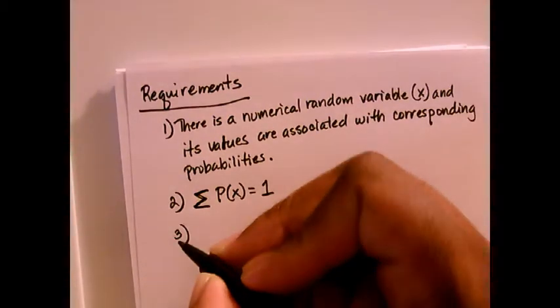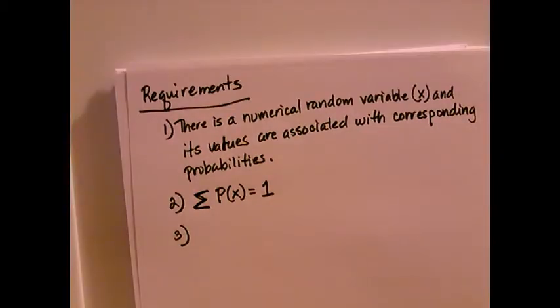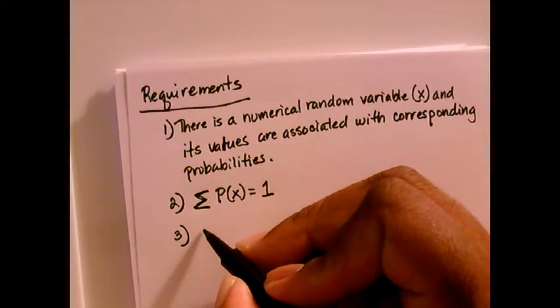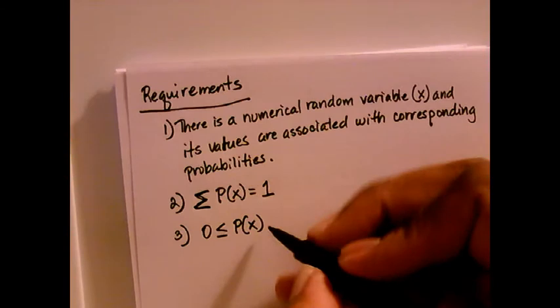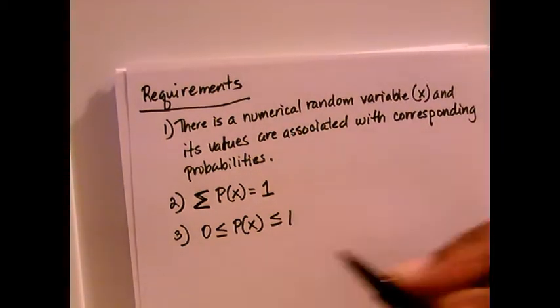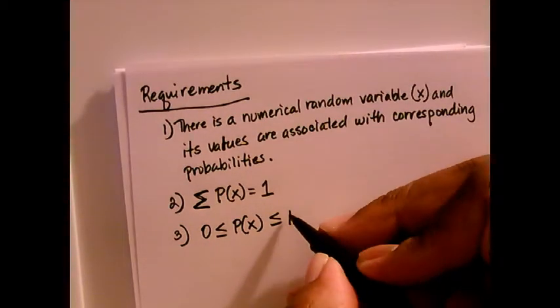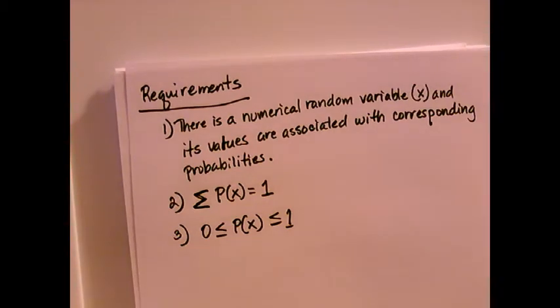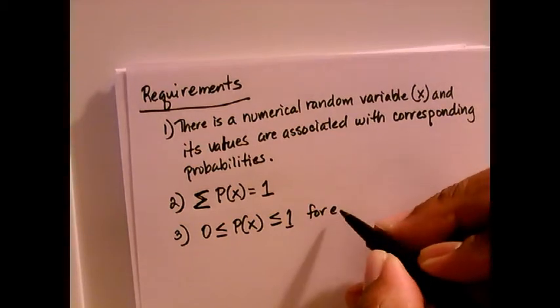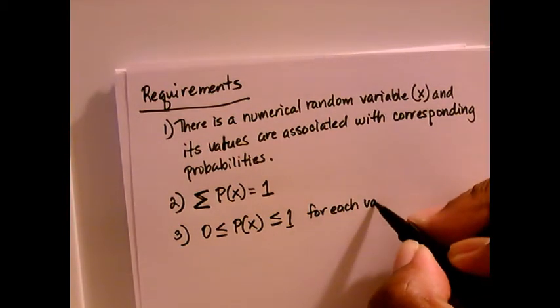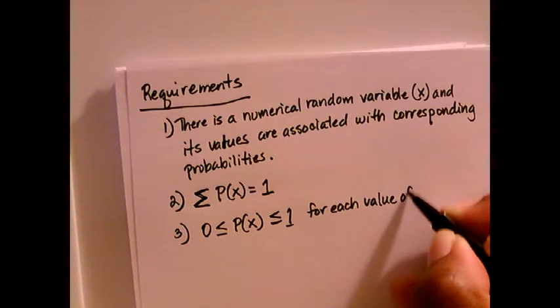And then third, each individual probability value must be a number between 0 and 1, inclusive. Okay. And that's for each value of the random variable x.